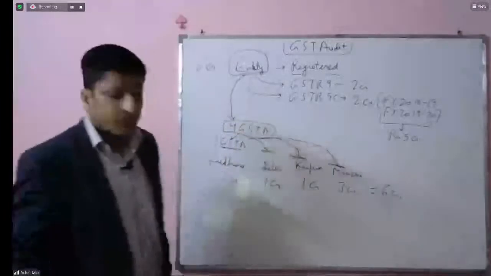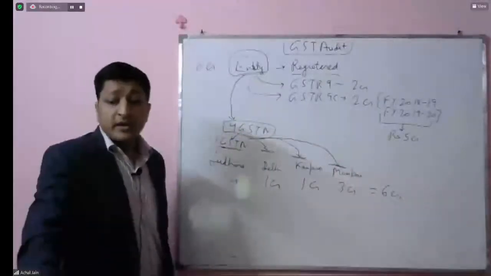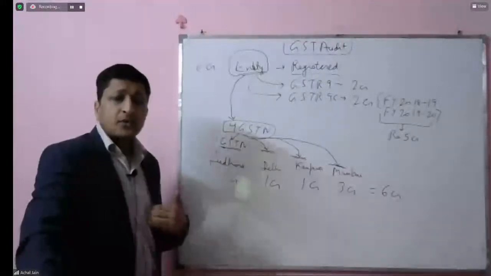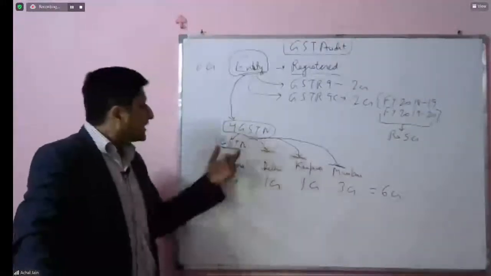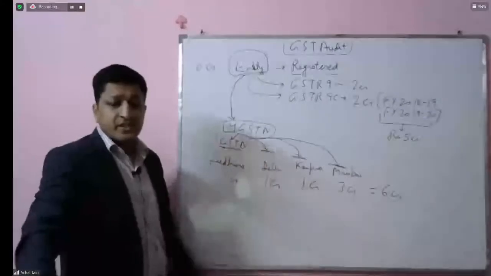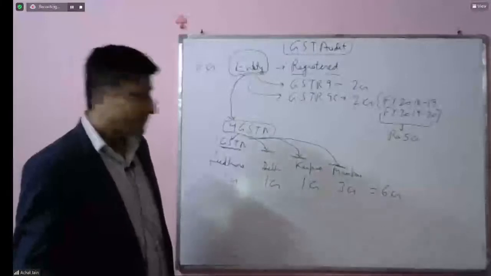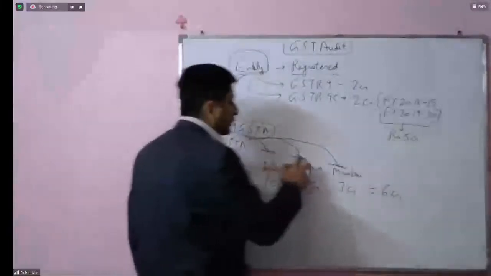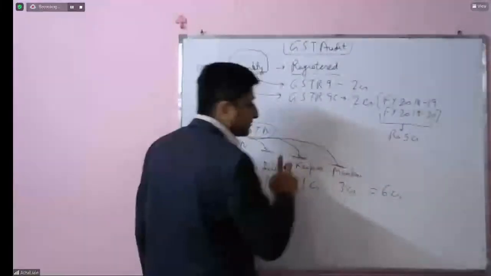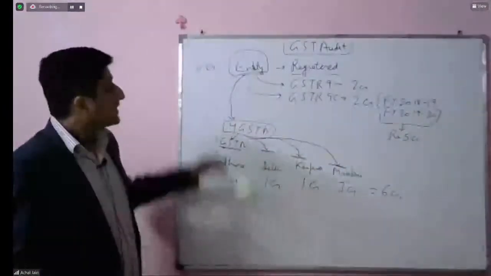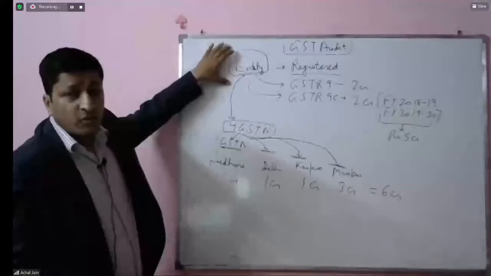So that means that if you look at the requirements of GST laws, then for the purposes of GST laws, each and every GSTN is considered to be a separate entity in a way, and that is independent of all of them, forgetting the fact that it all comes down to one single entity.